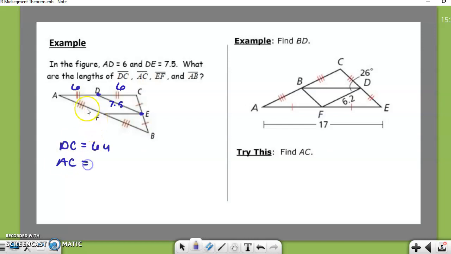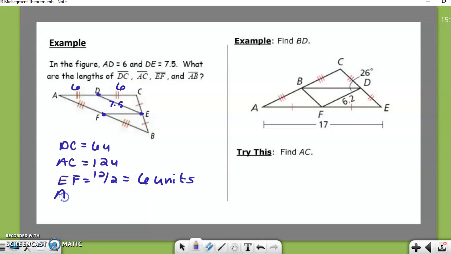AC is the full length here, so that's going to be 12 units. Let's think about EF. EF is this one and this one. This is a mid-segment, which is going to be 1/2 of 12. So it's 12 divided by 2, which equals 6 units.